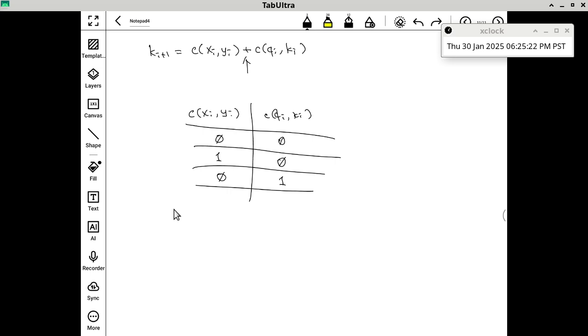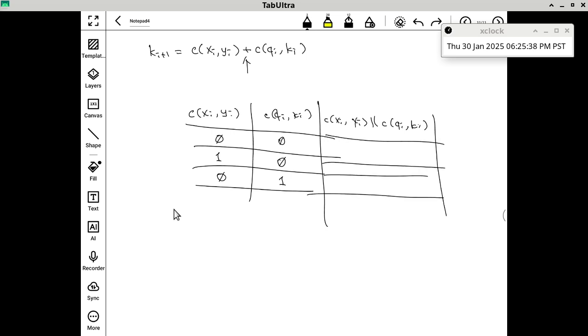So if I look at c of xi yi OR c of qi ki, then we have 0, 1, 1.